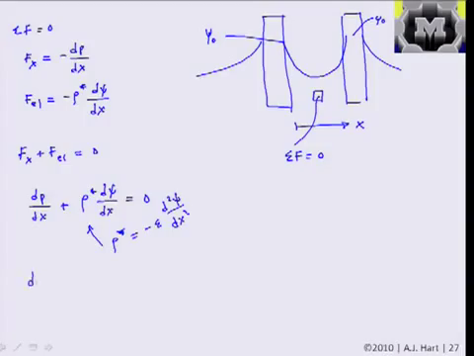And then if we write out the final result, we have one first derivative and then one second derivative of psi. And this being equal to 0.